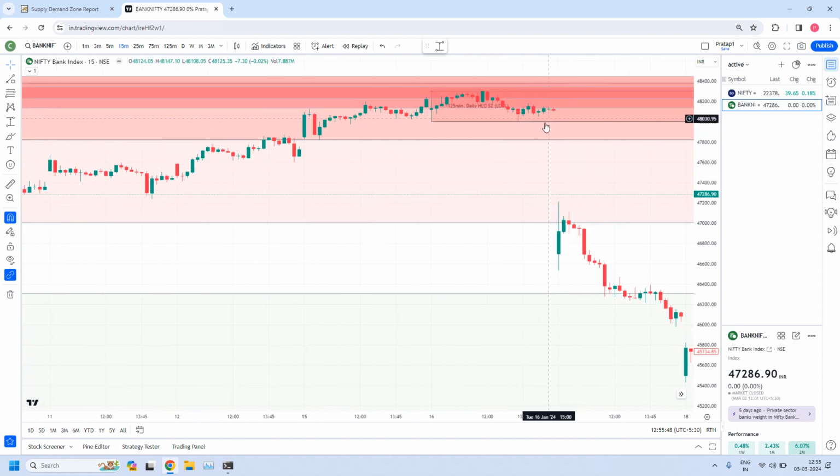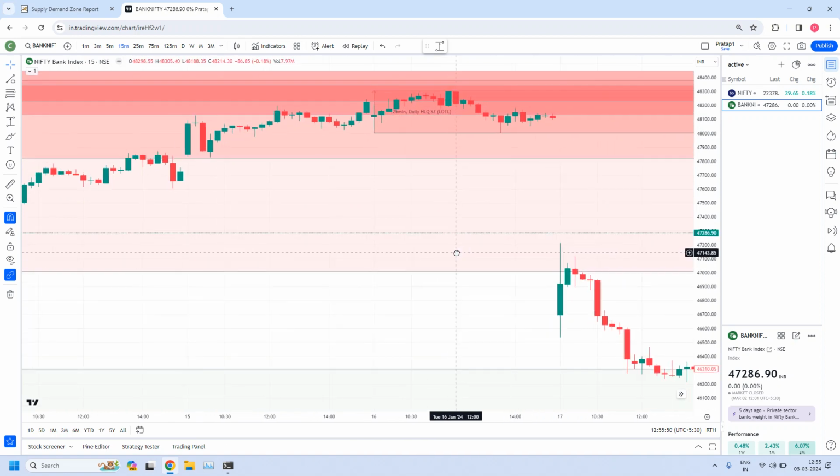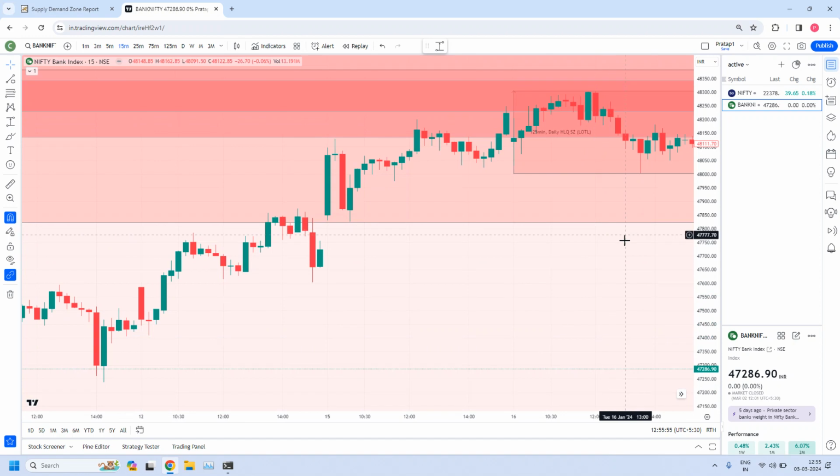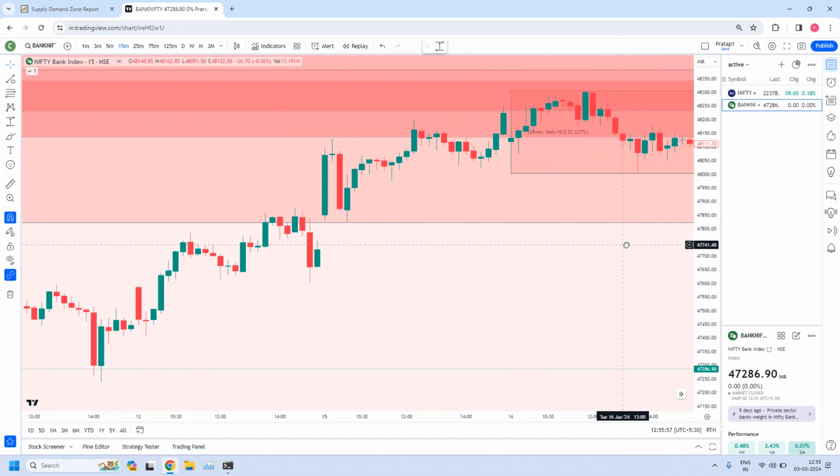But if you want, from the risk point of view, if you want to do something for your trades, see, this is a drop and 3 base candles. First, let me draw for our reference.